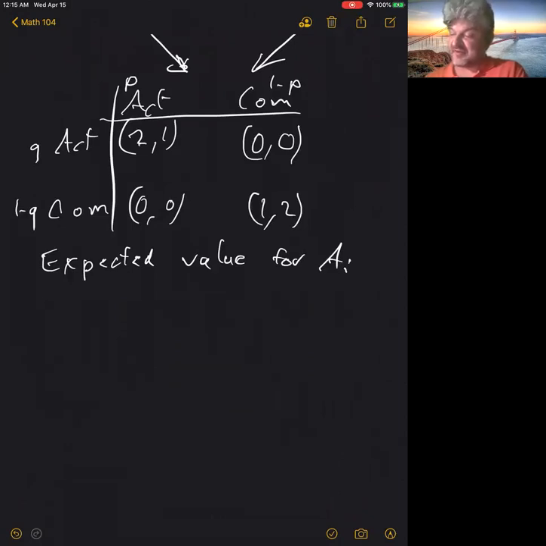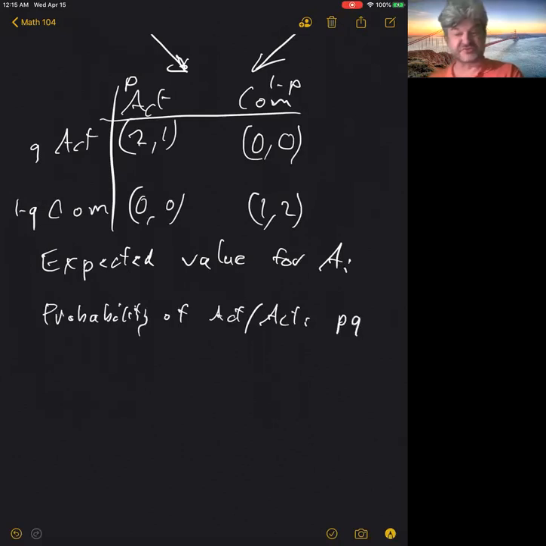So the probability of action and action, they both choose action, is simply P times Q.